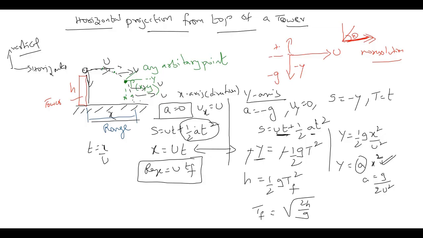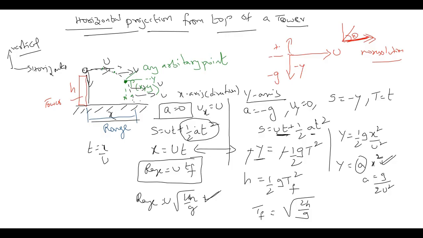Square, if you send that side, it will become root. Now substitute here. Range will become u root 2h by g in this case. Got it? So this is how we get range for horizontal, means what is the displacement covered along horizontal direction. So if you know the height and with what velocity you have thrown, automatically you can tell this distance.